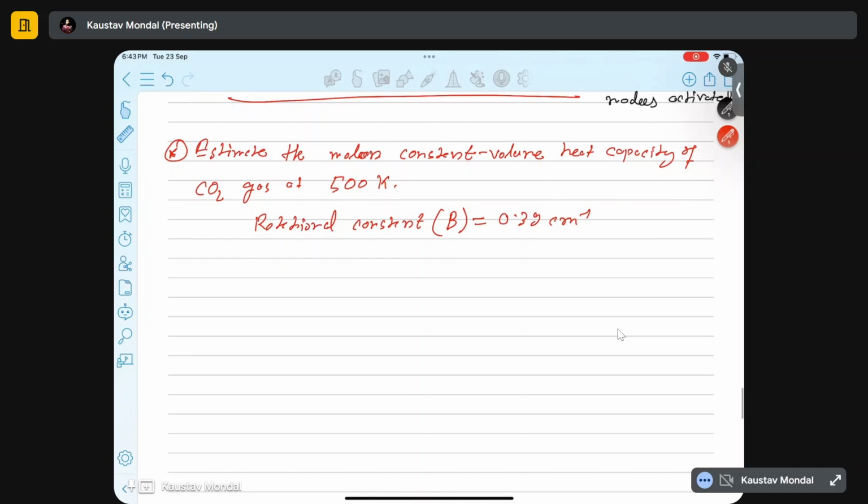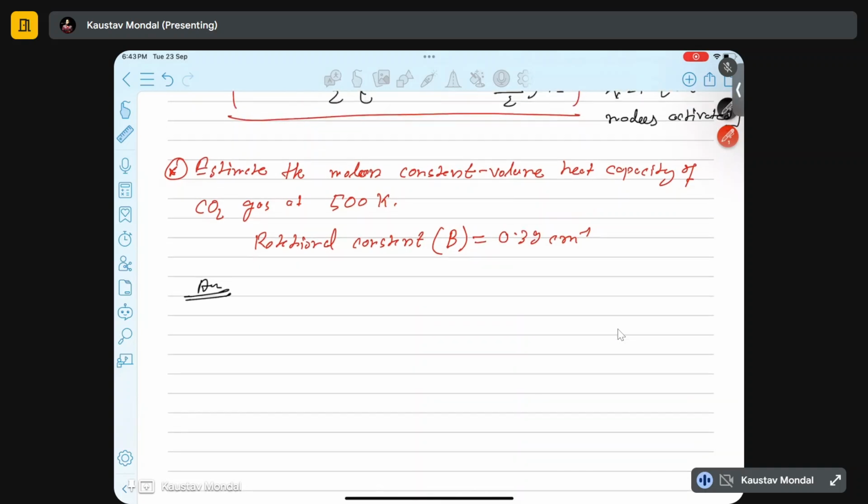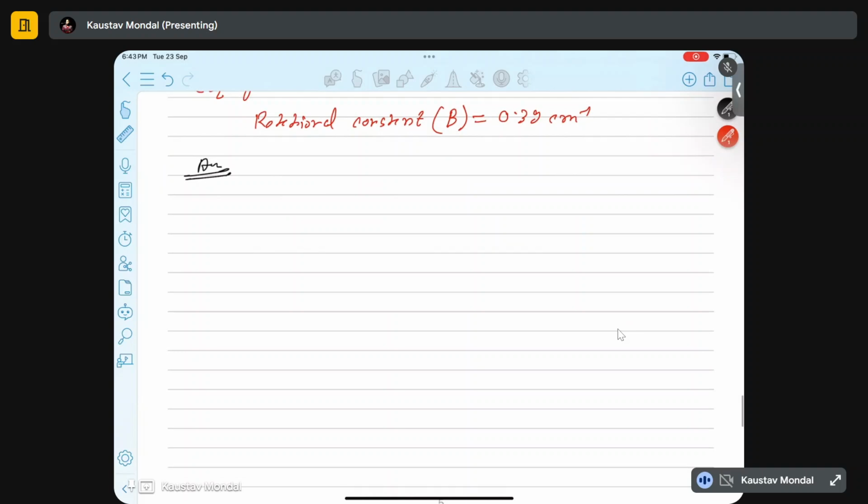The first thing to calculate is the translational part. CV translational is simply 3 by 2 kT.